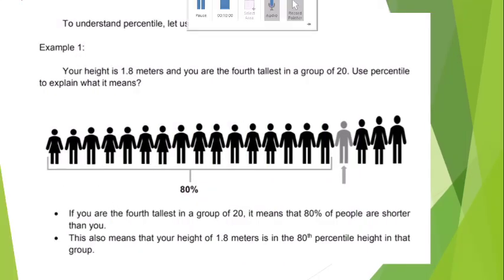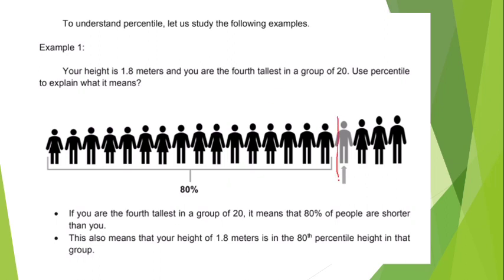To understand percentile, let us study the following example. Your height is 1.8 meters, and you are the 4th tallest in a group of 20. Use the percentile to explain what it means. If you are the 4th tallest of the group, as you can see, from the tallest, the 2nd tallest, the 3rd tallest, and the 4th tallest of the group of 20.